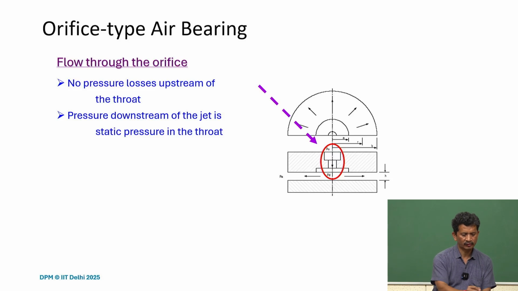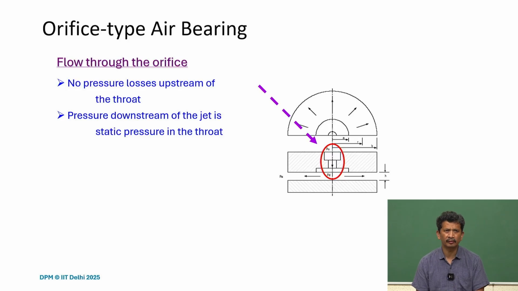So we try to look at it from the fluid dynamics point of view, the fluid flow. First consider the flow through the orifice, and there are a lot of assumptions, and one should be aware of these assumptions, whether they are valid. And whenever there is a deviation, we should look back at those assumptions. So first is the flow through the orifice.